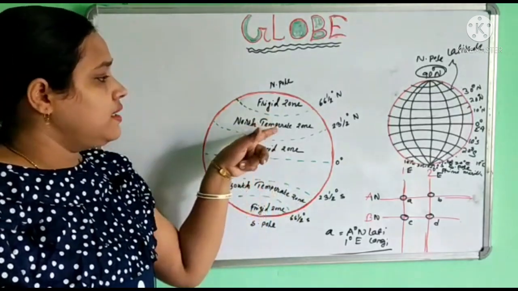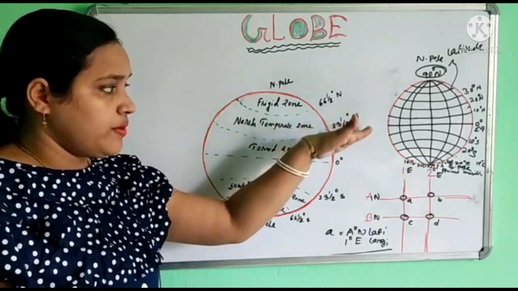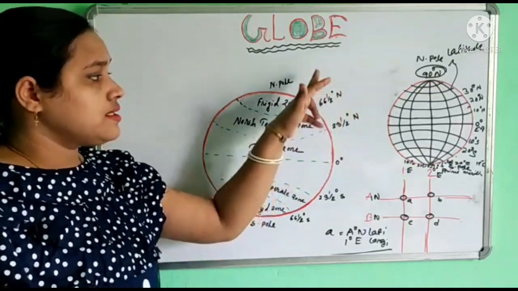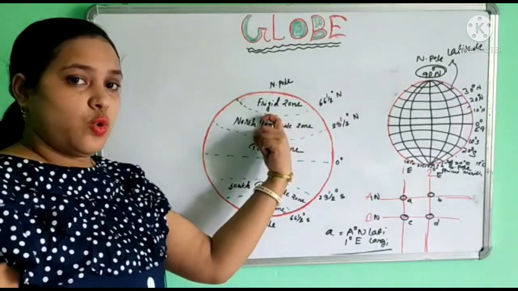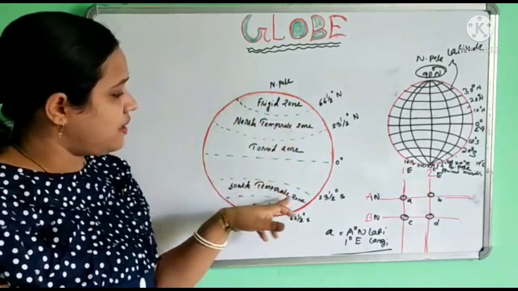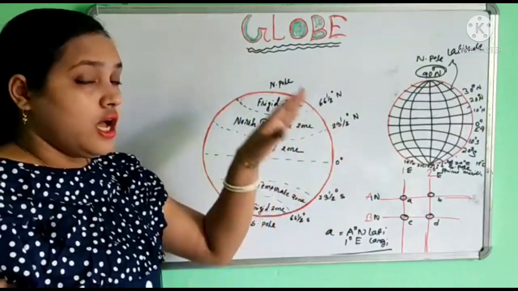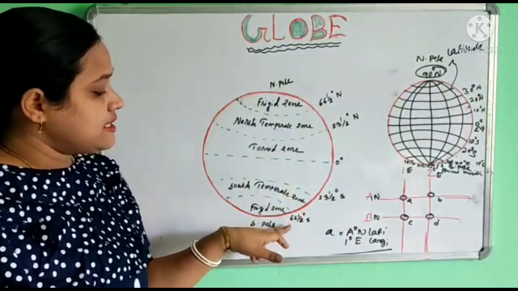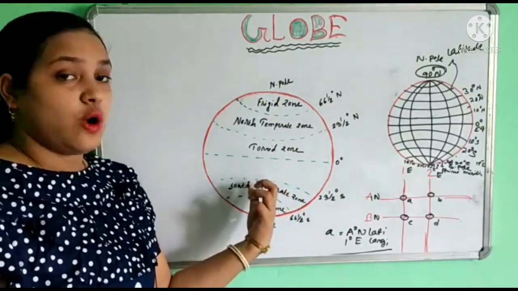So after that, from 23.5 degree north Tropic of Cancer to 66.5 degree Arctic Circle, we find the north temperate zone in the northern hemisphere, and from 23.5 degrees south Tropic of Capricorn to 66.5 degrees south Antarctic Circle, this area is known as the south temperate zone.